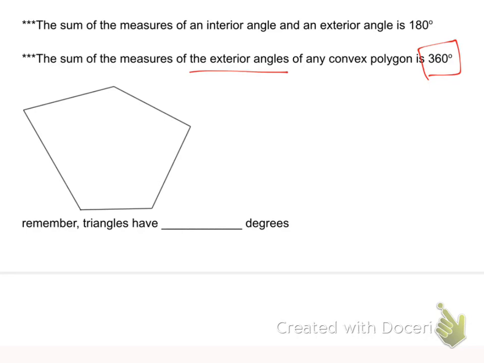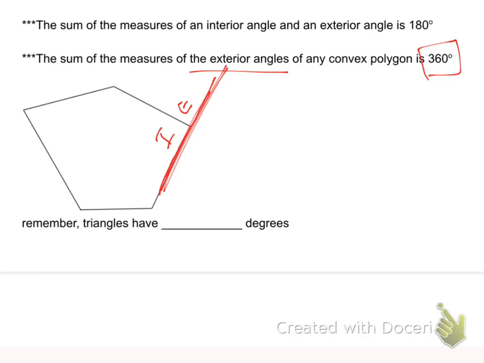Another big idea or concept is this first line. The sum of an interior angle and its exterior angle has to be 180 degrees. Now, why is that true? I think everybody would agree that if I took this side and extended it out, I would have an interior angle and an exterior angle.